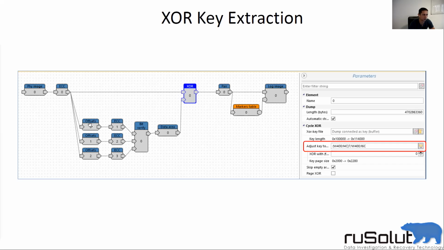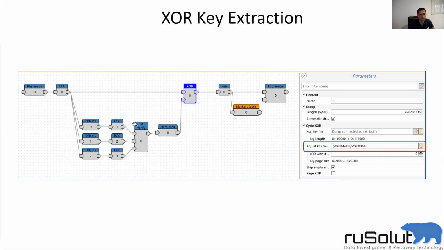So we have here 1 copy of the XOR key, a second one, and a third one. With ECC elements, we can check that they don't have bit errors in the ECC map. And then with bit verify, we eliminate probable data contaminations.